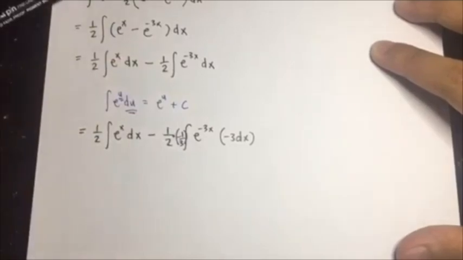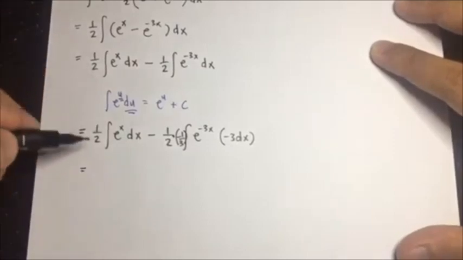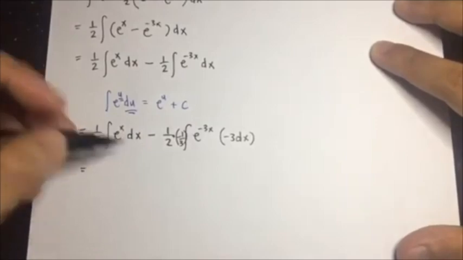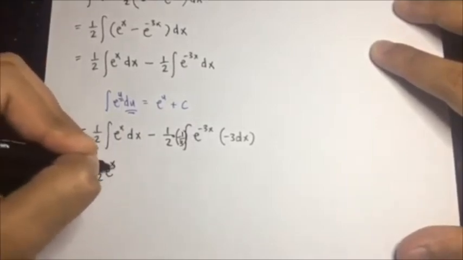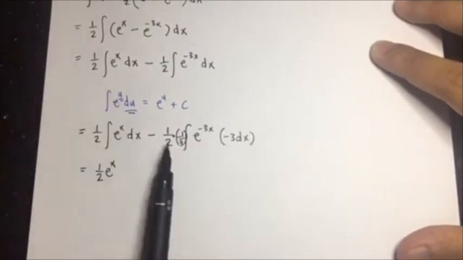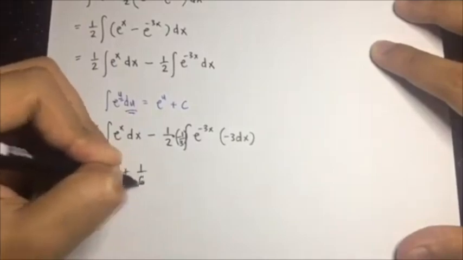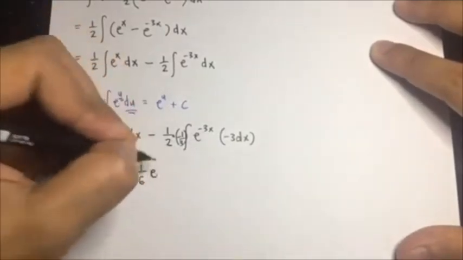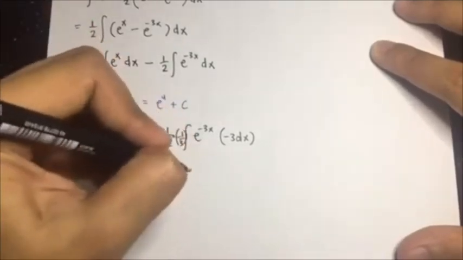So integrating e to the x dx, that is 1/2 e to the x, and then this will become plus 1/6 e to the negative 3x plus c.